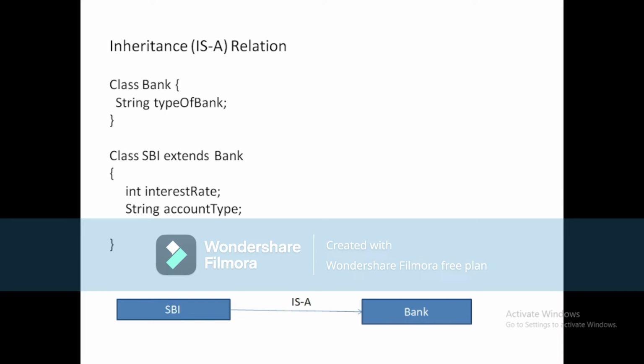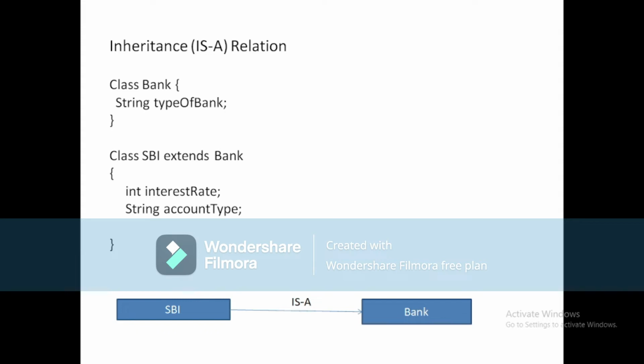This kind of banks are available nowadays. So I created a bank class, and then I took an example of SBI. SBI extends the bank, so all the properties available with the bank are derived from bank to SBI.